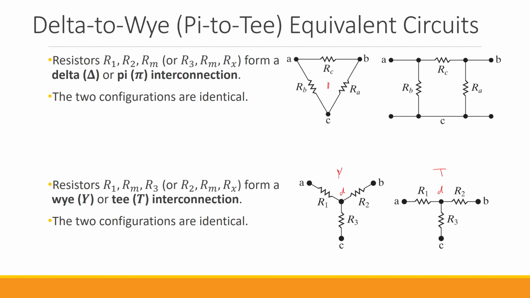So the delta and the pi configurations are exactly the same, or practically the same. The same is true for Y and T configurations.